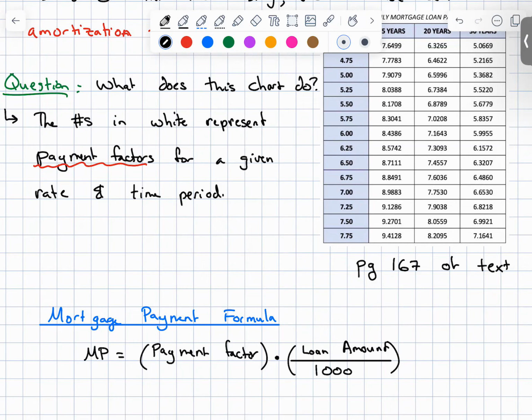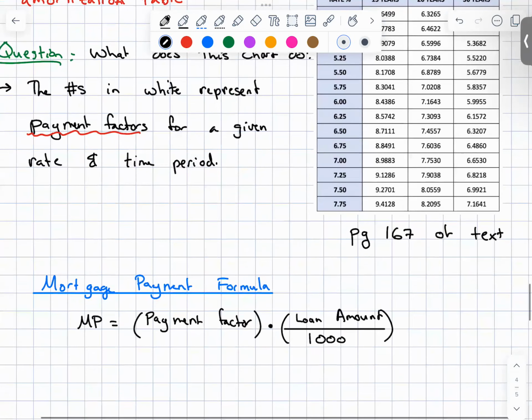The divide by 1,000 is because these payment factors are per $1,000. If it was per $500, we'd divide by 500. If it was per $100,000, we'd divide by 100,000, and so on. So there are many different charts. This is the one we'll be using, but they all follow the same general rule.